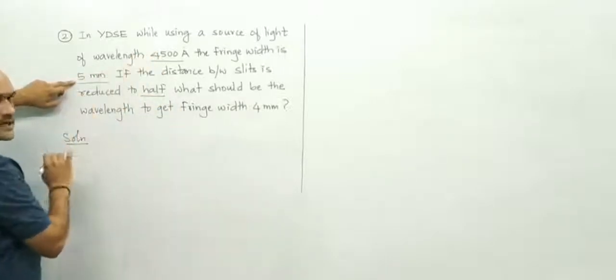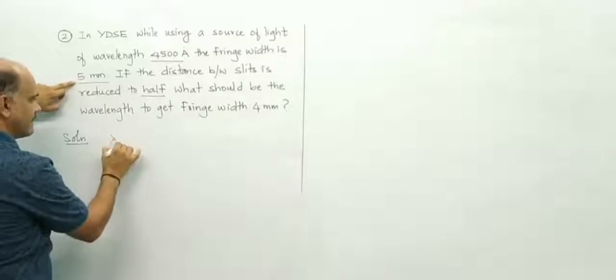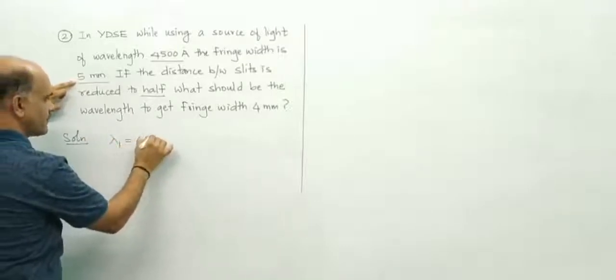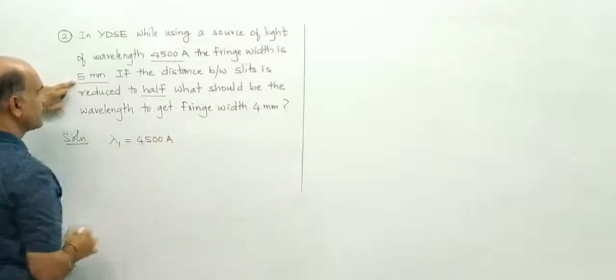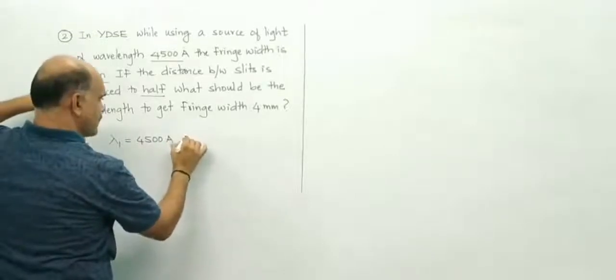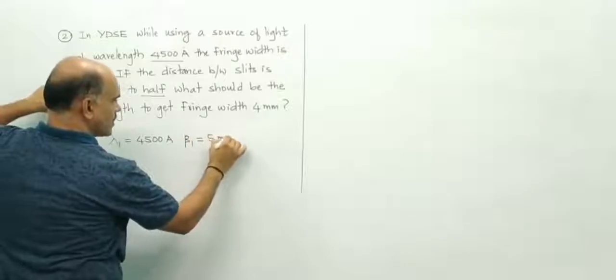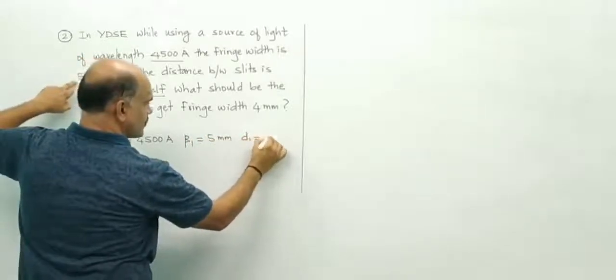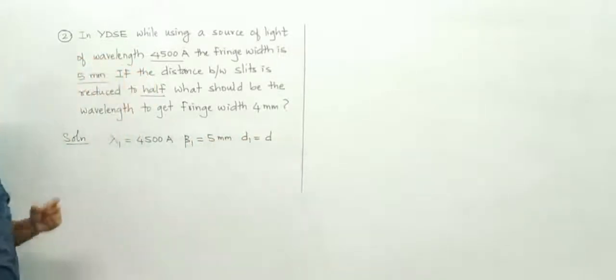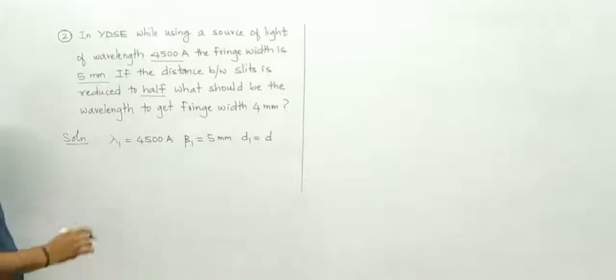First, whatever he has given, I will take lambda 1 as 4500 angstrom, fringe width beta 1 as 5 mm, and d1 equal to d, that is the separation between slits.